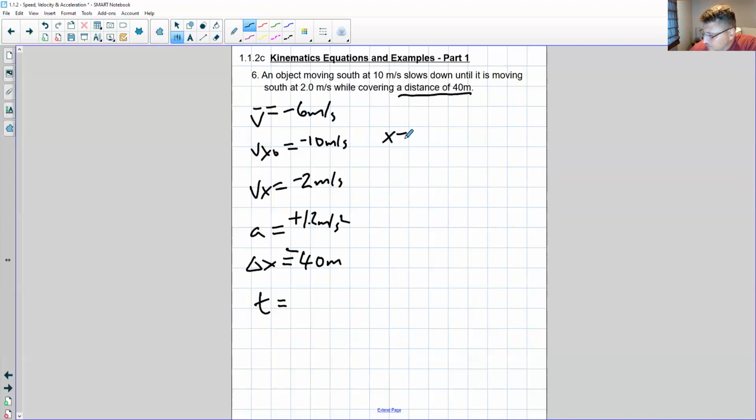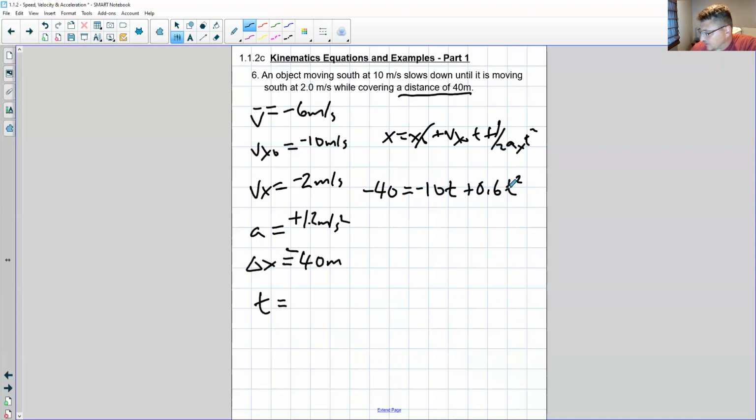So x equals x naught plus Vx naught t plus 1/2 a_x t squared. So we'd say negative 40 equals negative 10t plus 1/2 of 1.2, so 0.6 t squared.